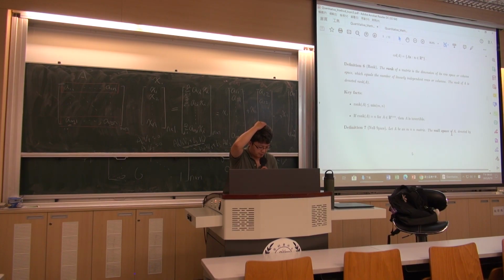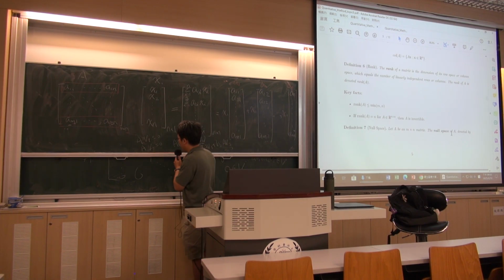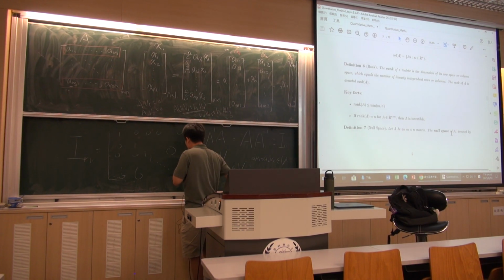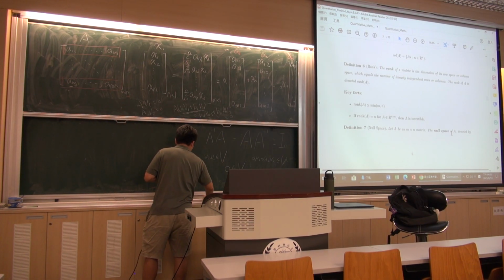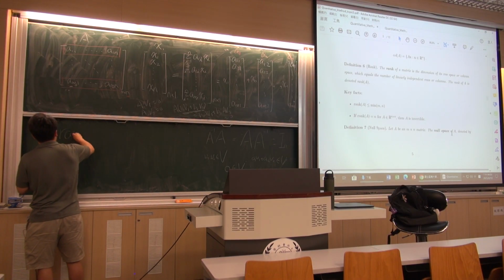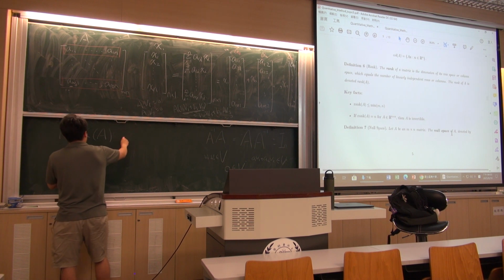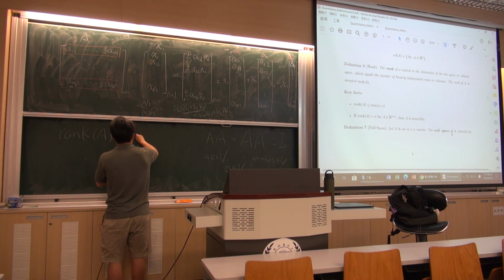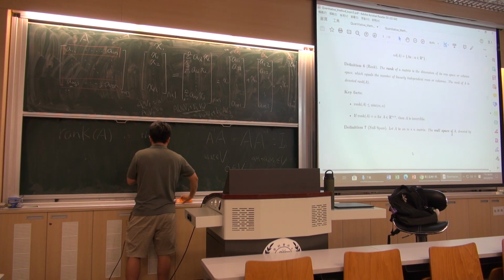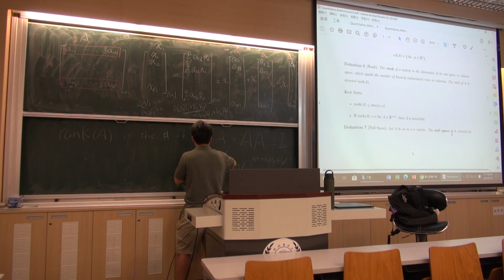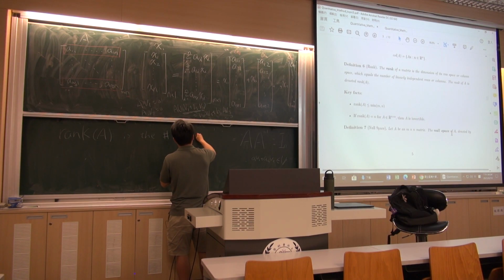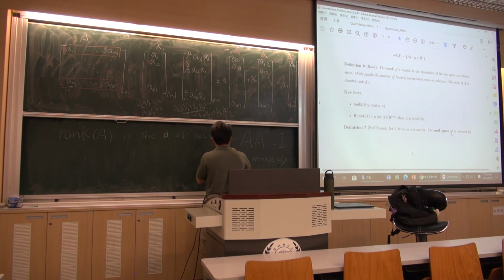So I will focus on the column space here and the rank of the matrix A, which is actually the number of bases of the column space.